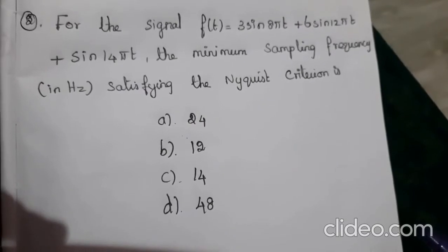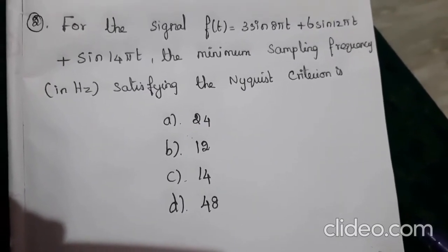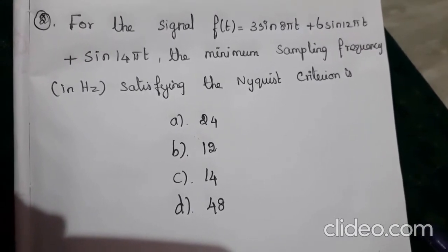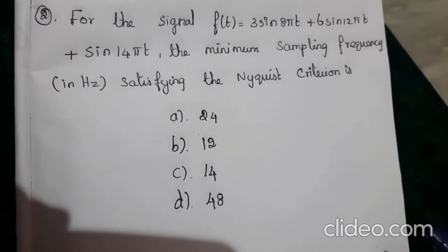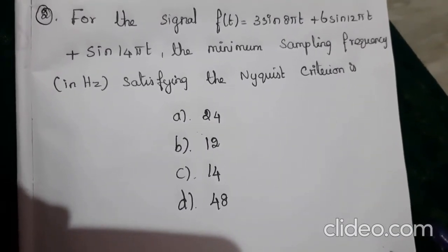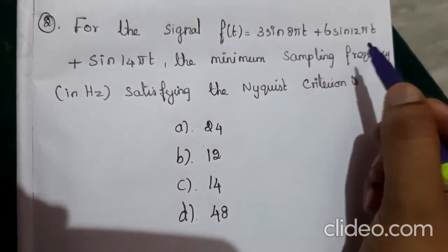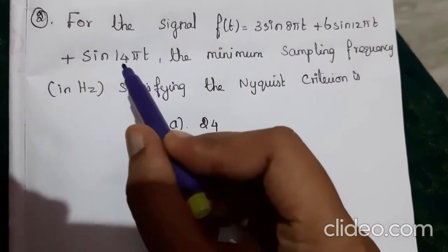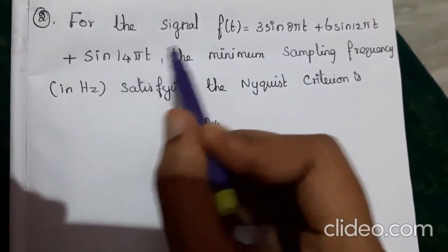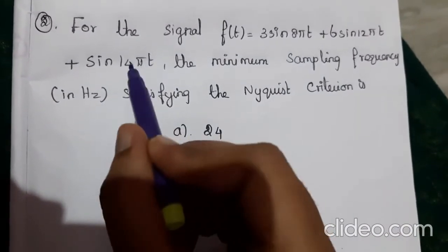Next question: for the signal f of t equal to 3 sin 8 pi t plus 6 sin 12 pi t plus sin 14 pi t, the minimum sampling frequency in hertz satisfying the Nyquist criterion is? This is an added signal, so we have to pick the maximum frequency among these 3 terms. 14 pi is the highest value here.